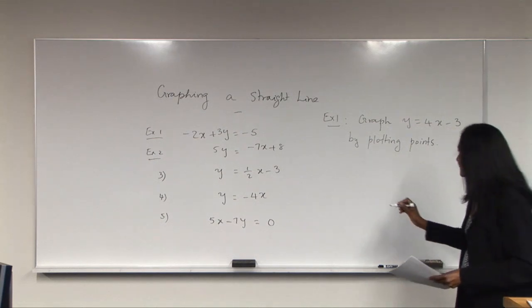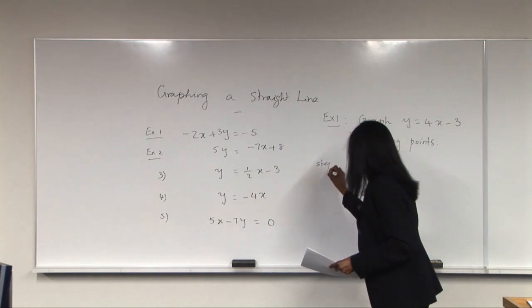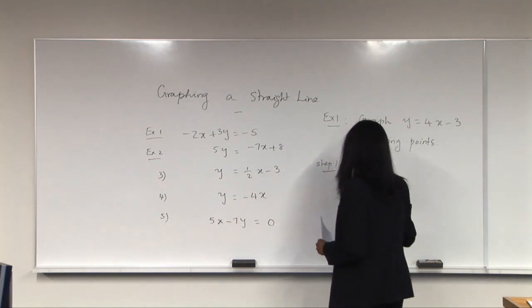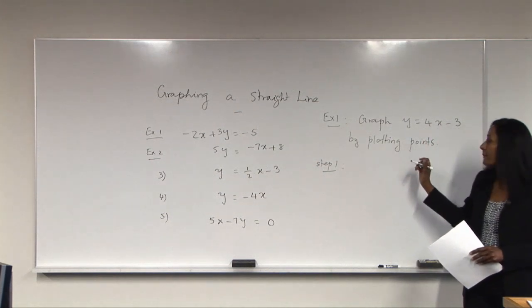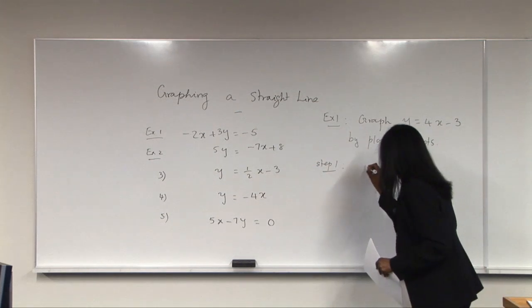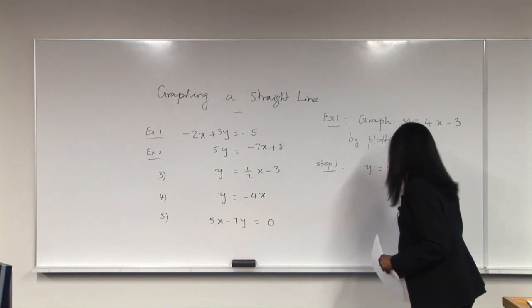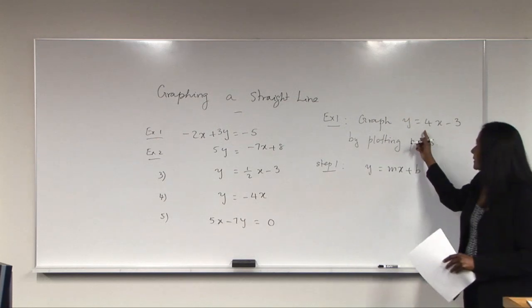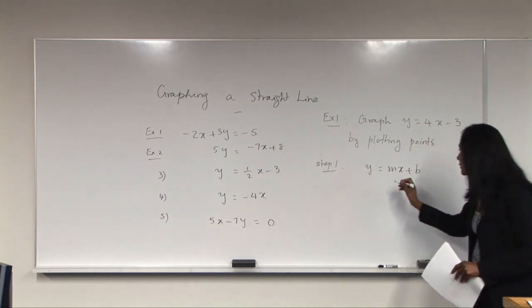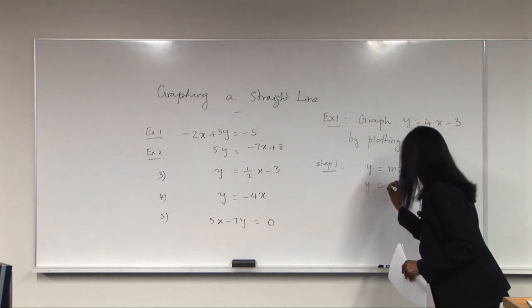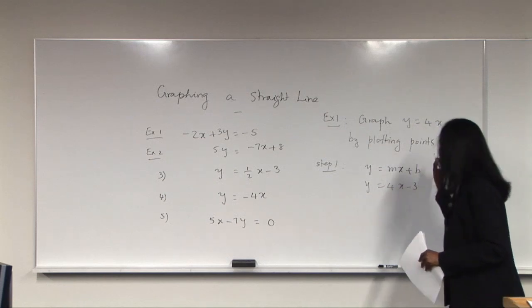Step number 1. Make sure your equation is in the form y is equal to mx plus b. So is this in the form y is equal to mx plus b? Yes, it is. So we do not need to do anything else for the first step for this problem.